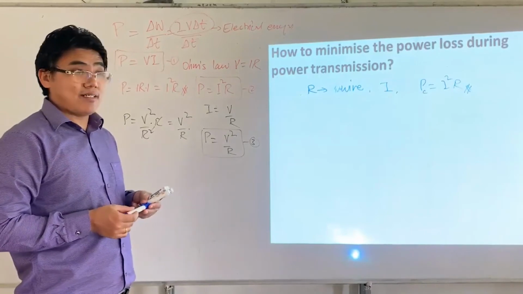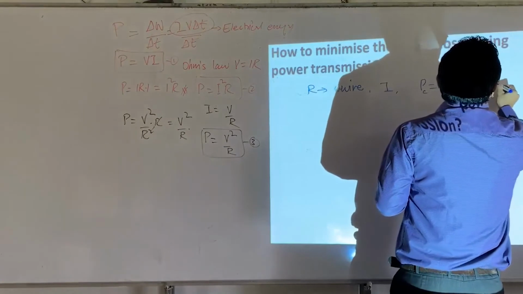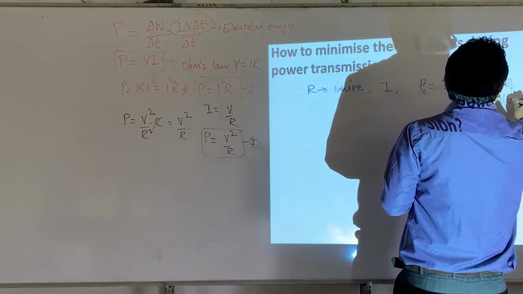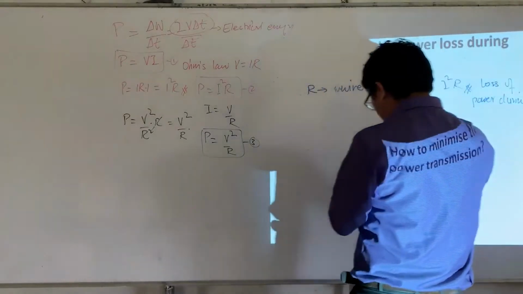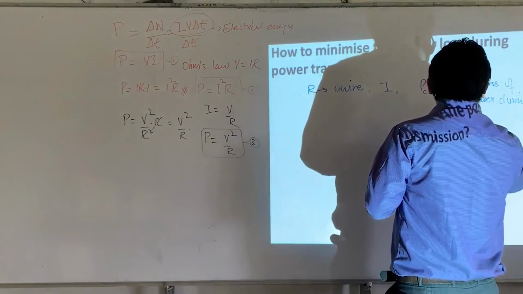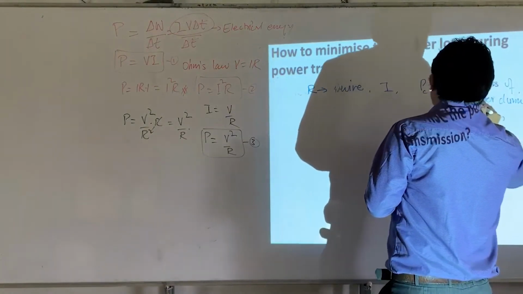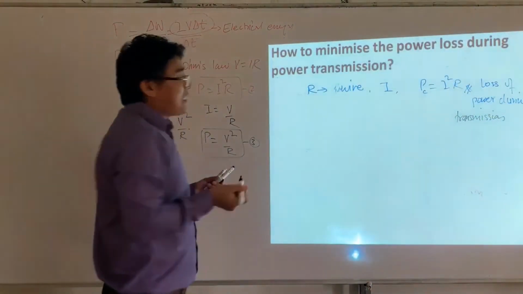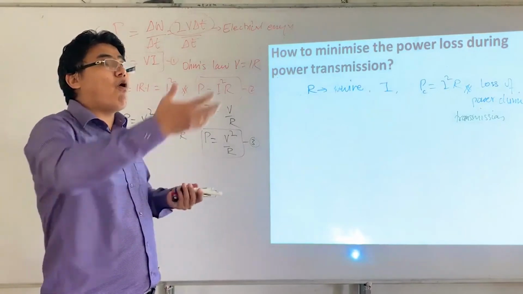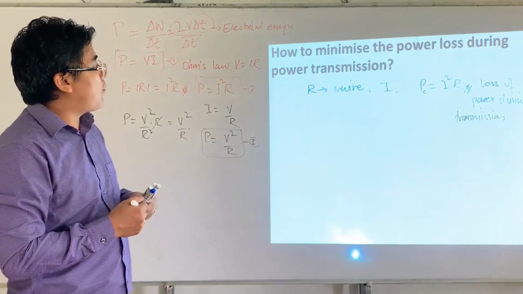I square R is the power loss during transmission. Now the point is how to minimize this. If you could minimize this, then more power could reach the town, right? So this is the point.